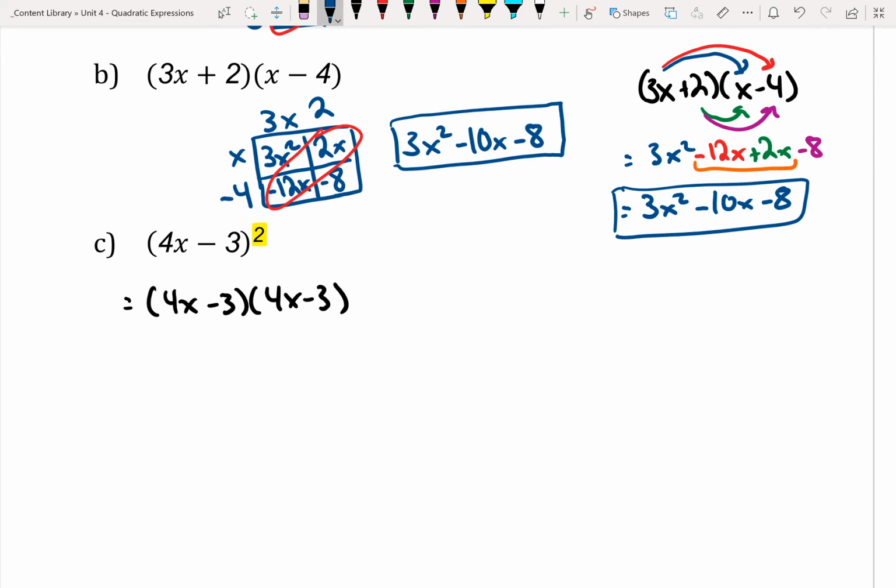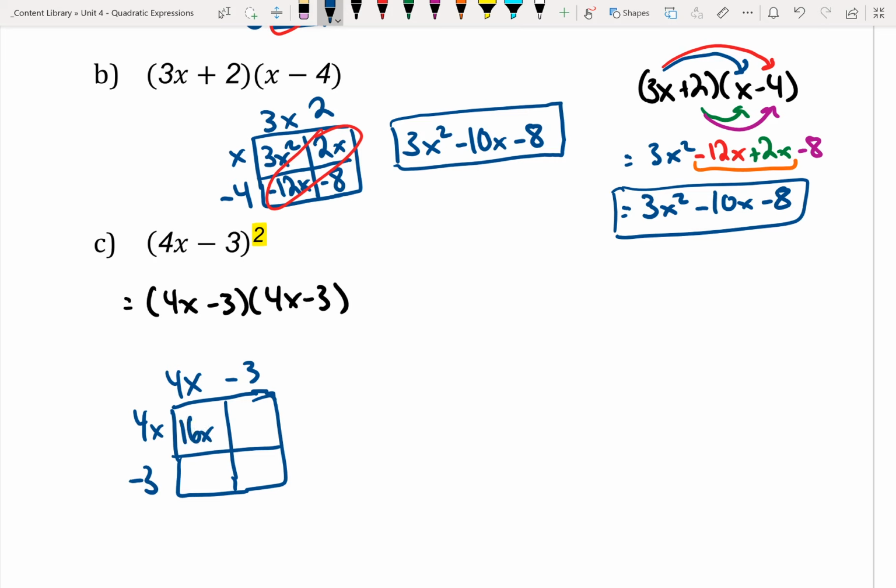So I'm going to do the box method first and create my box. I'm going to have 4x and then minus 3 on one side, and then 4x minus 3 on the other side. Again, treating it the same way, multiplying.